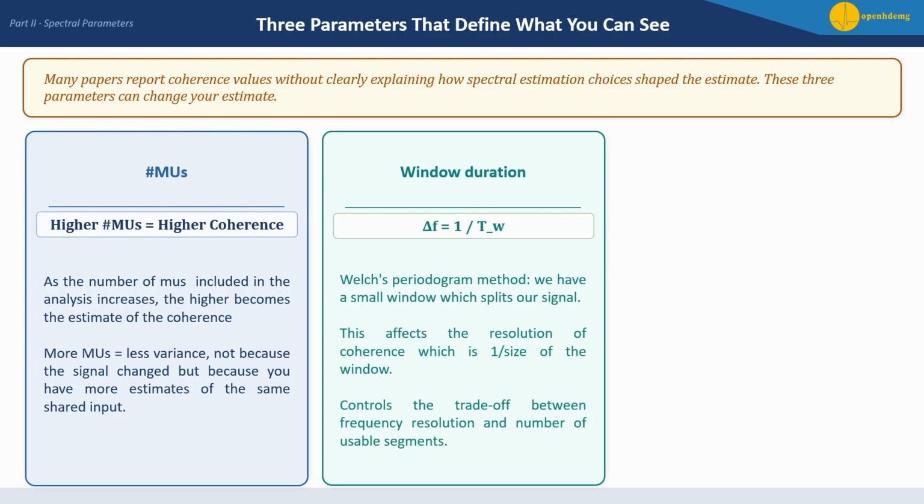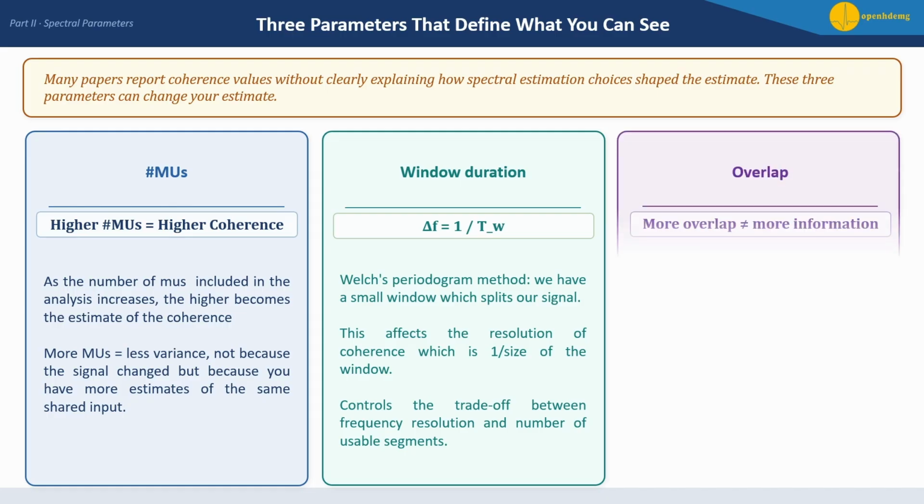The second one is our window duration, which, as I mentioned a couple of slides before, is used when we calculate our coherence based on Welch's periodogram method: we split our signals into small windows, and this affects the resolution of our estimate, which is calculated as 1 over the size of the window.